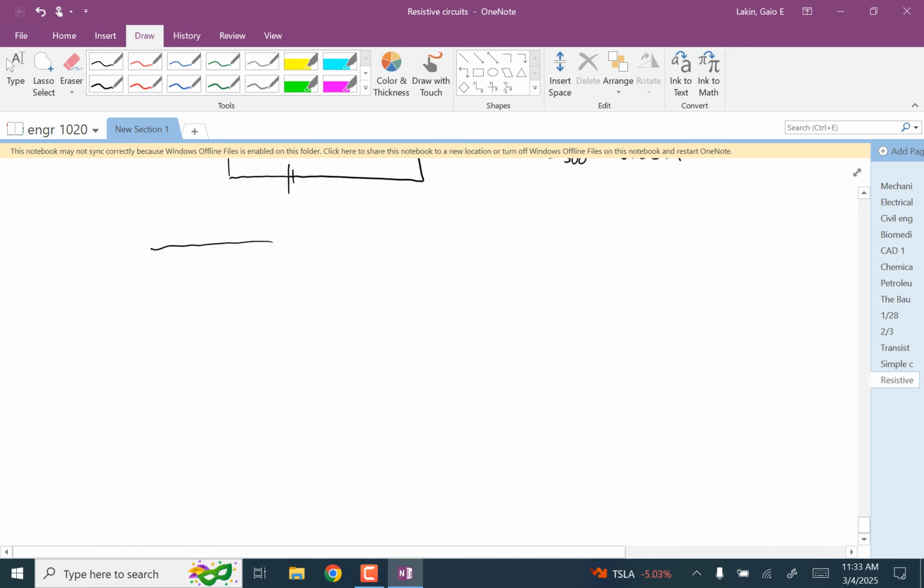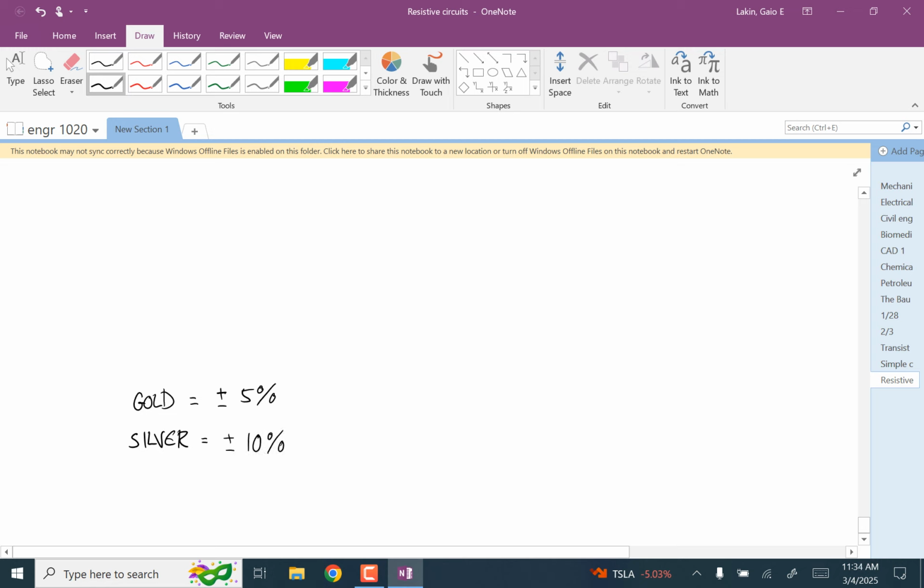and then if you have a gold band, that means plus or minus 5% precision, and a silver band means plus or minus 10%. Okay, and the way you read this is go to the side that's not gold or silver.